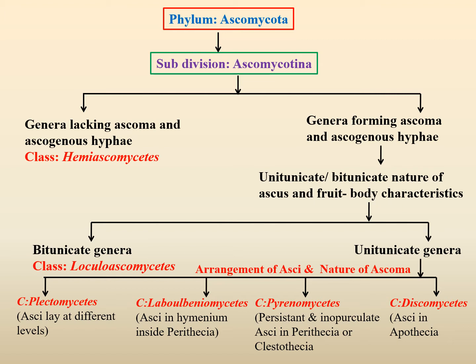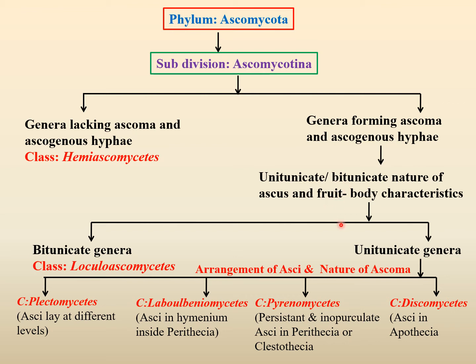That means we should remember the example Taphrina, which does not possess any Ascoma and Ascogenous hyphae. If a genus forms Ascoma and Ascogenous hyphae, it is further divided based on the unitunicate and bitunicate nature of the ascus and fruit body characters, here you can see.